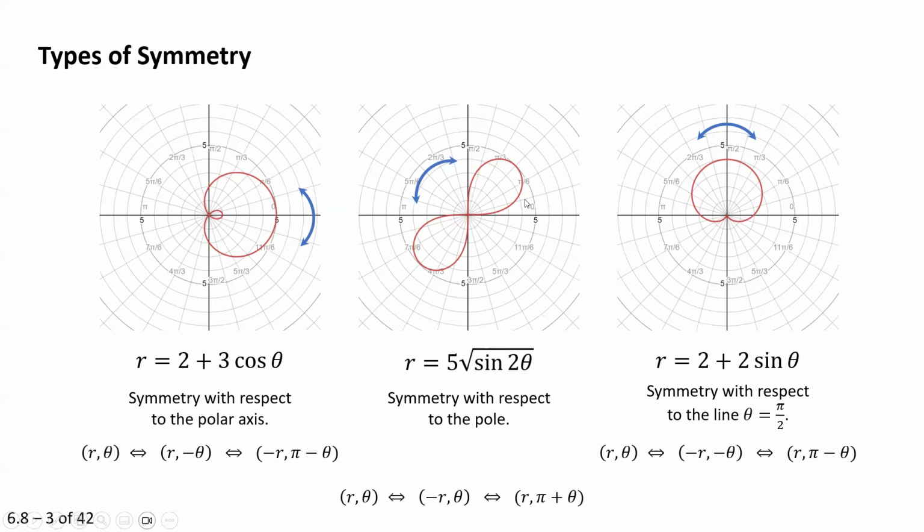And here in the center, if I rotate this around the center, r theta is going to be the same thing as r pi plus theta. It's also going to be the same if I make r suddenly negative, and so I'm plunging myself to the opposite side.